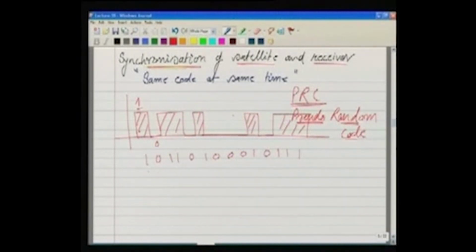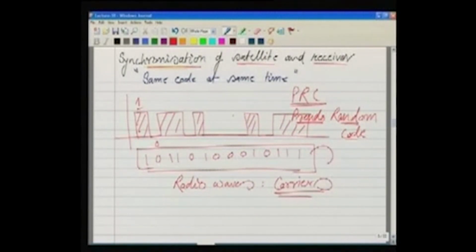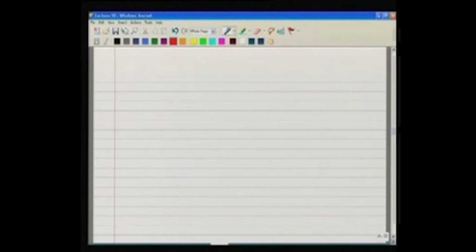Basically, over the carrier, because as we were saying, the satellite is transmitting radio waves, which are the carriers, this particular signal has been modulated. The same signal is also being generated by our receiver. So our satellite is transmitting this signal, and the receiver is also generating the same signal at the same time.